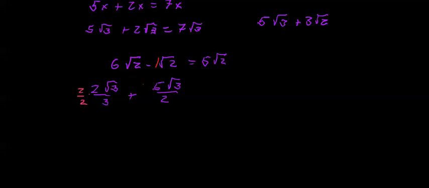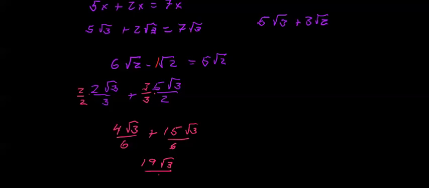Here we'd multiply top and bottom by 3. 2 times 2, 4 radical 3 over 6 plus 15 radical 3 over 6. Add them together, 19 radical 3 over 6.